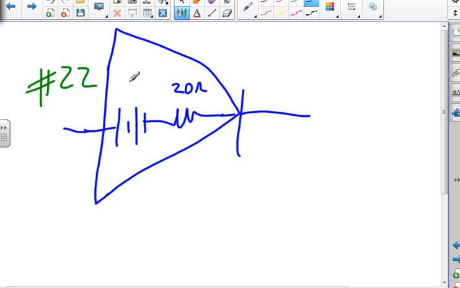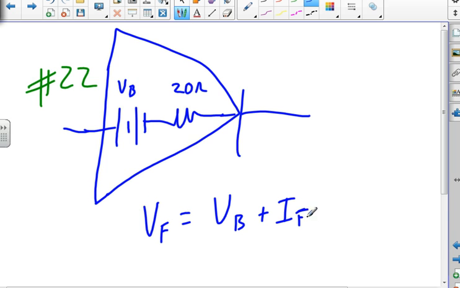So I have some voltage VB, bulk. And the equation says VF is equal to VB plus IF times RB. That's what the equation says.